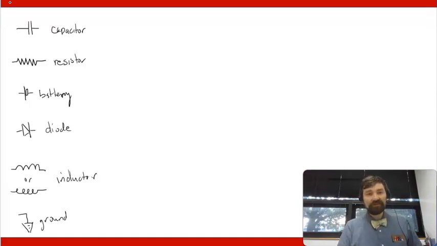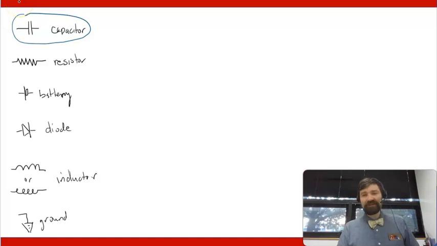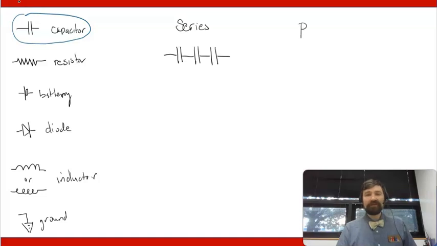Now again, today we're focusing on the capacitor, and we're looking at series and parallel combinations. A series combination of capacitors would basically be one, and then the next one, and then the next one, and so on. A parallel combination will look more like this. I've got my capacitor, and then my wire branches down.